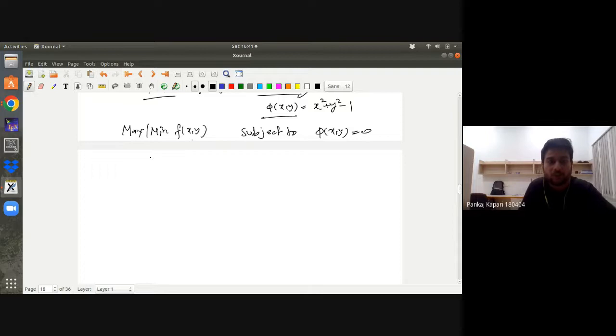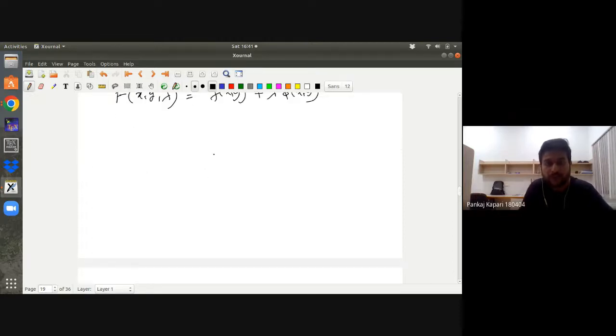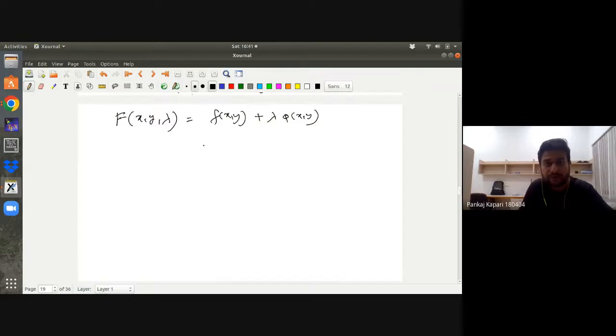Now we form this auxiliary function, capital F of x, y, and lambda, of three variables, which we write as f(x,y) plus lambda times phi(x,y). In particular, what is this function? x square plus y square minus x square y square plus lambda times (x square plus y square minus 1).